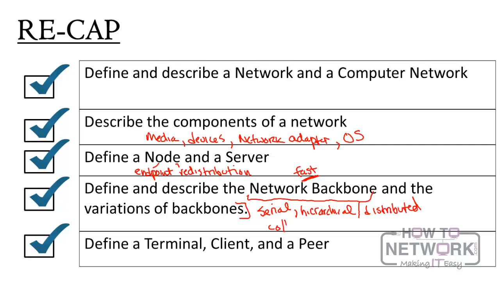Then we looked at collapsed and a more redundant form called parallel. Finally, we defined terminal, client, and a peer. Remember, the terminal is a dummy. Client accesses resources on other computers. And a peer both serves and accesses.